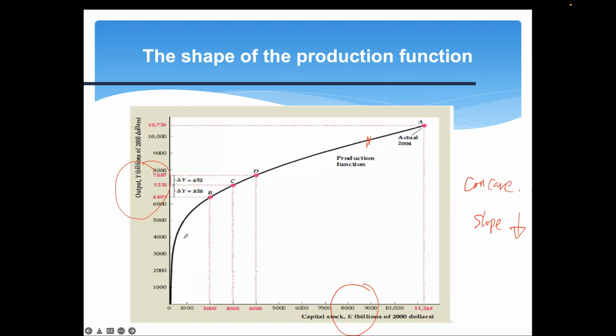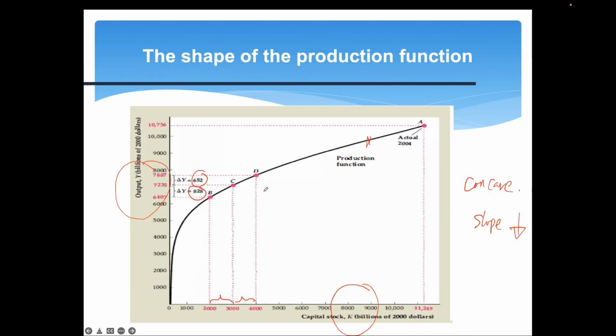The best way to illustrate this: if you increase capital by 1,000 units each time, you can see the change in output is decreasing. That is equivalent to saying the curve becomes flatter.